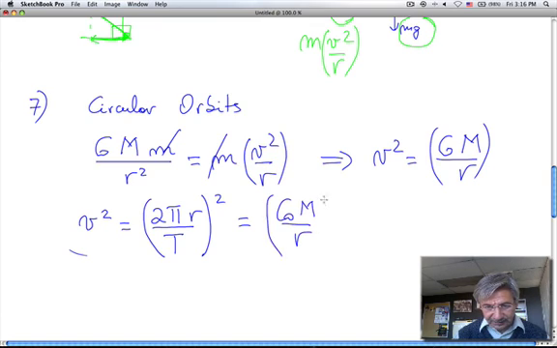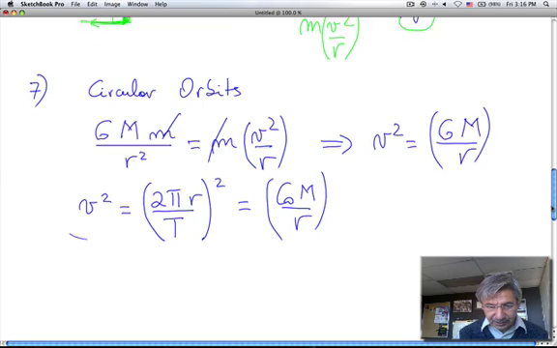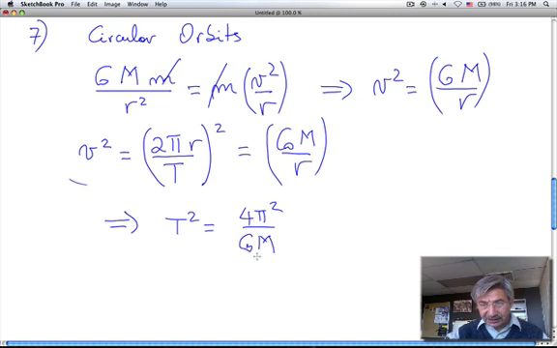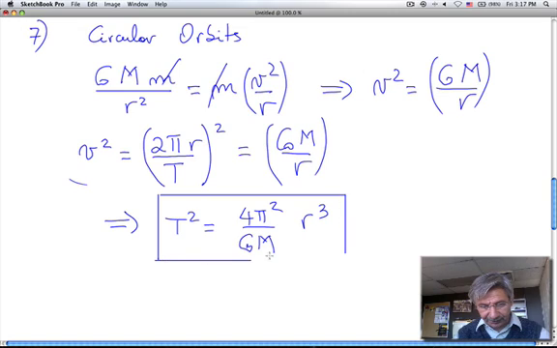That's how it was deduced in class, from where you conclude that the square of the period is 4 pi squared divided by big G divided by the mass of the object that you are rotating about, times the cube of the radius. This is the third law of Kepler.